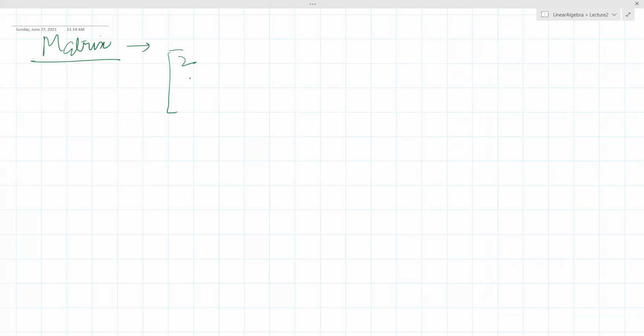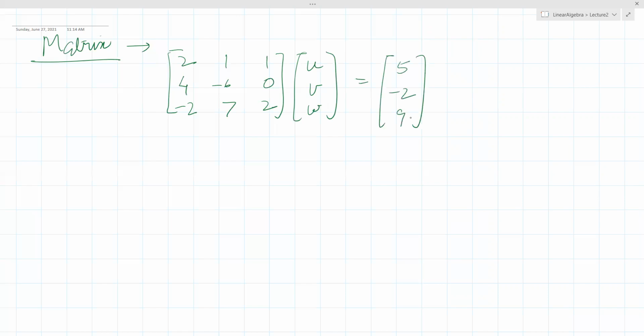We can write this as the matrix with rows 2, 1, 1; 4, -6, 0; and -2, 7, 2, times the vector u, v, w, equal to 5, -2, 9. Is that all right? This is your matrix A. It is called the coefficient matrix.